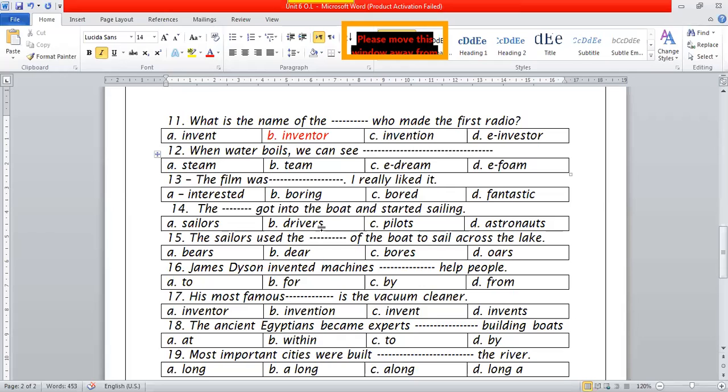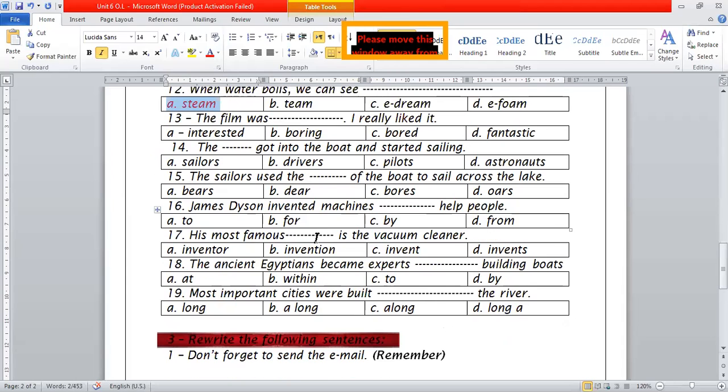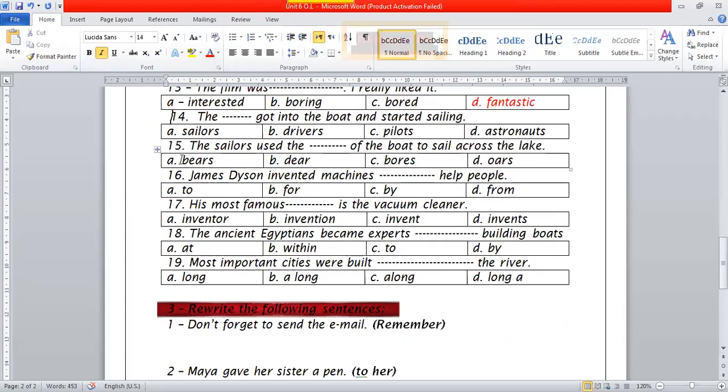Yes, number 13. The film was... D. Fantastic. The film was fantastic. I really liked it. Number 14. Sailors. The sailors got into the boat. Okay.